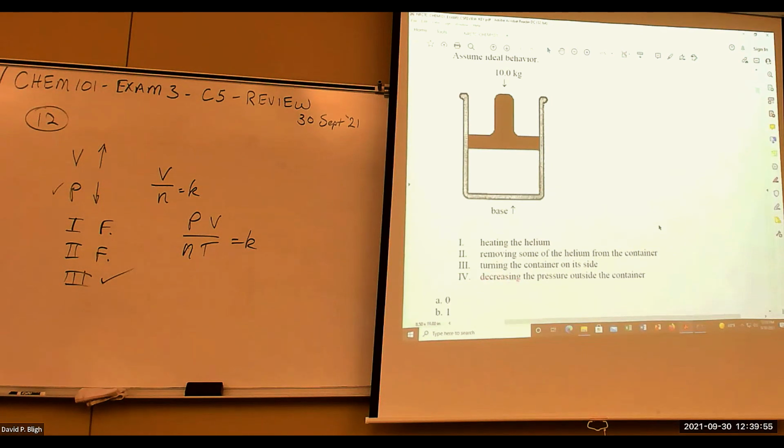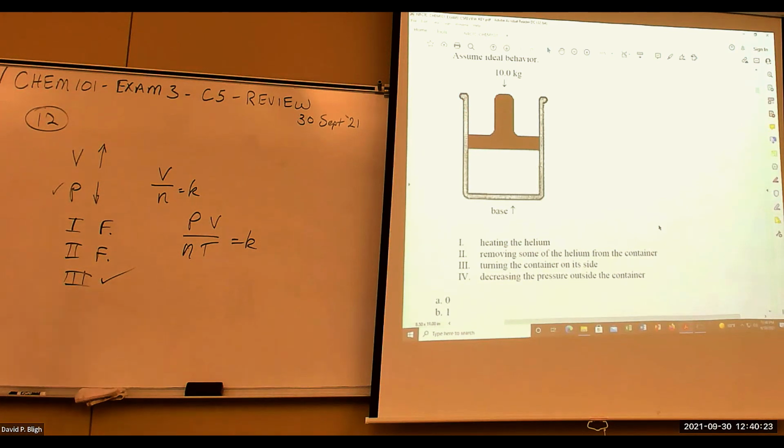Let's check out 4. Decrease the pressure outside the container. So how do you do that? It doesn't say that it's inside a bell jar, but we would have to do that. We'd have to put it inside a bigger container and suck the air out of it. Otherwise, it's always going to be 1 atmosphere in addition to the 10 kilograms.